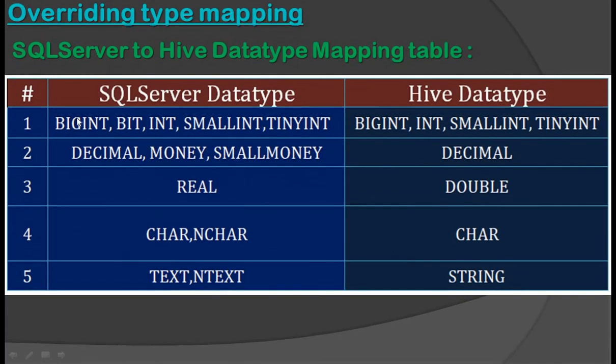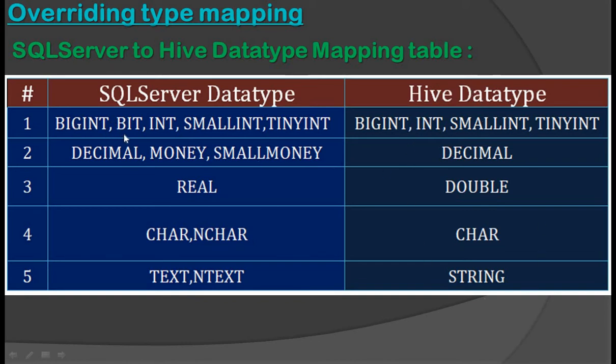Next we are going to see the SQL Server to Hive data type mapping table. Suppose we want to import data from SQL Server to Hive. SQL Server has these data types and Hive has these data types.